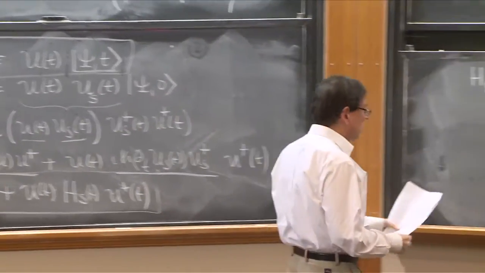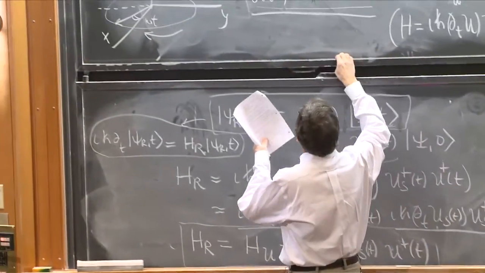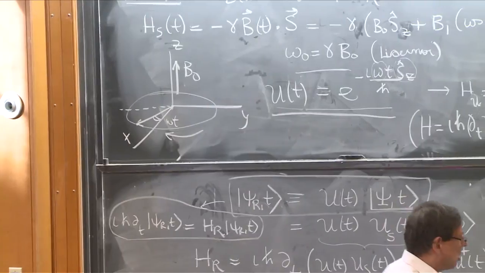Let's factor a few things. Let's remember the notation that omega naught is the Larmor frequency associated to B naught.